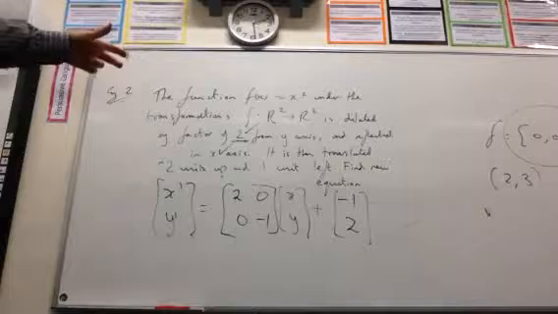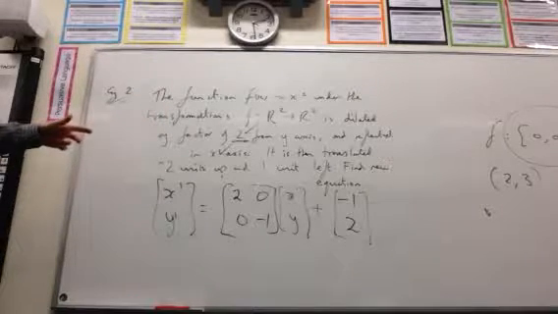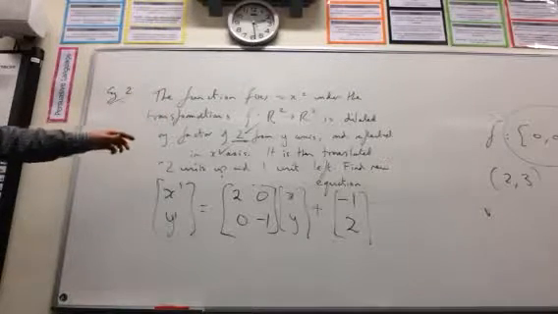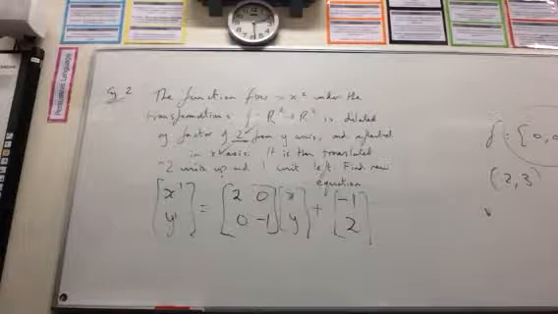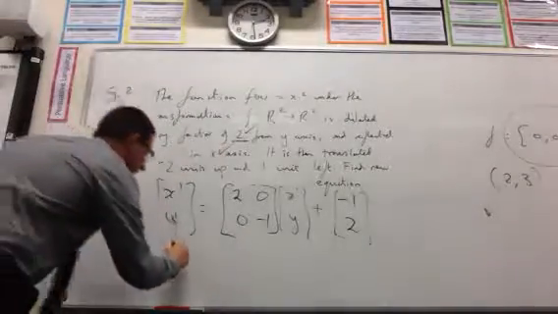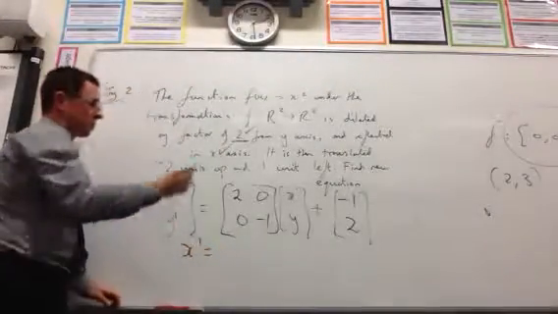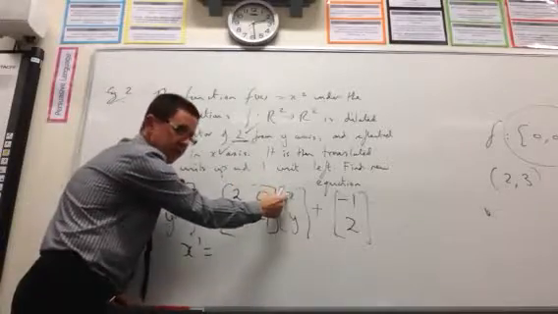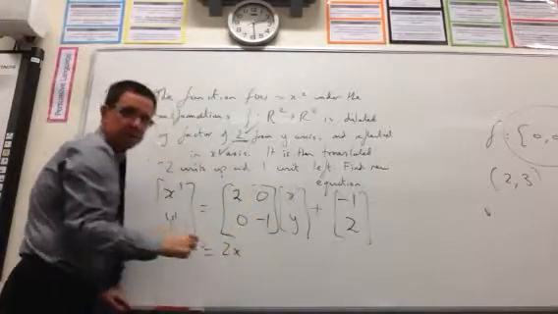Notice what they did with that question. Notice that they flip the 2 questions, they flip it around. They put the y value first, the x value second. Okay, following through. x dash equals 2 times x, which is 2x.